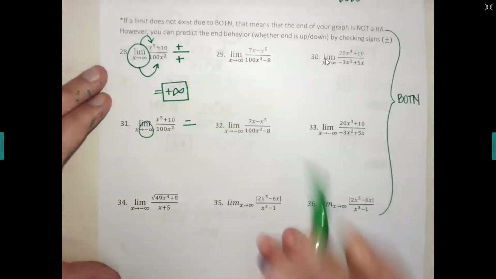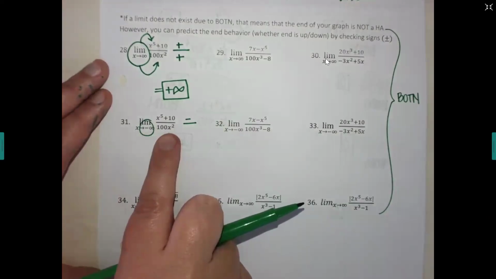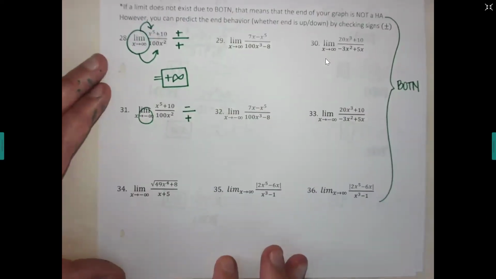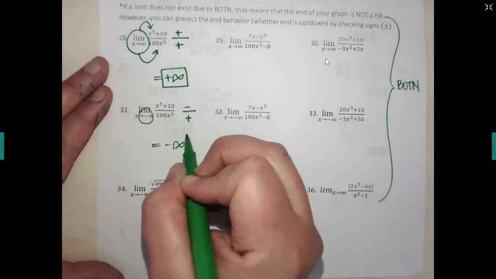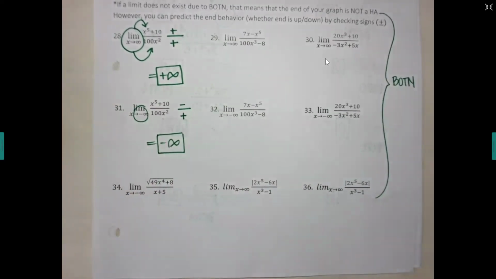Negative. On bottom, I have a negative, but I'm going to square it. How is it going to come out? Positive. And what do you get when you divide a negative and a positive? Negative infinity. Okay, but again, how did I know it's infinity? Because it's a button to begin with.